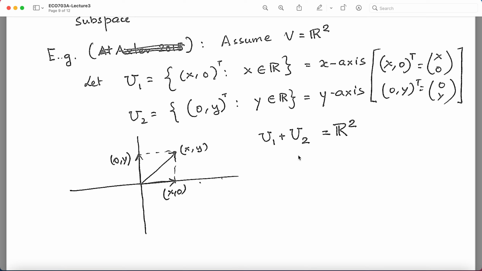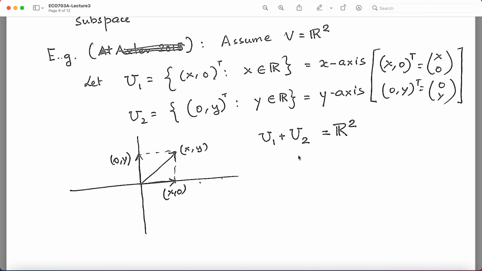What it means is that given any element in R2, it can be expressed as a sum of two vectors, that is, given any w in R2, w is equal to small u1 plus small u2, where small u1 is an element of capital U1 and small u2 is an element of capital U2, and this representation is unique.